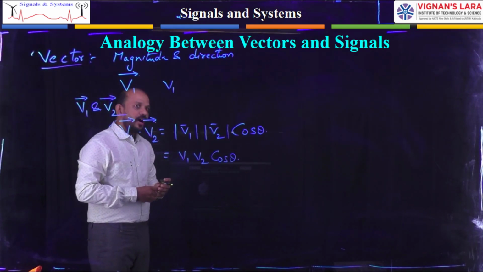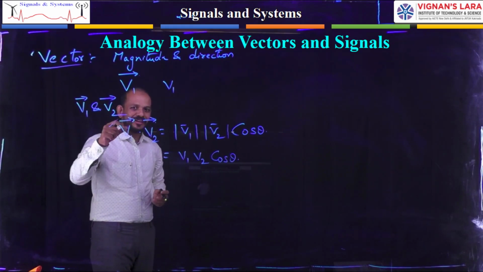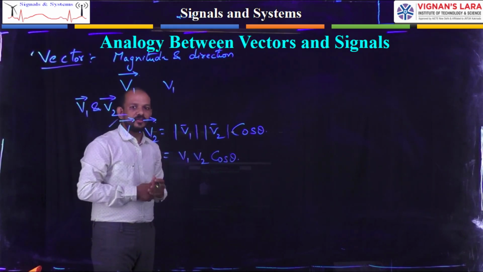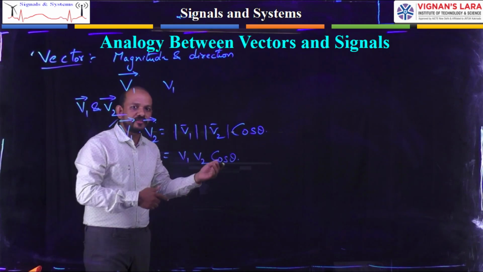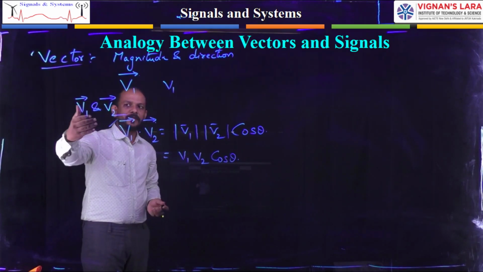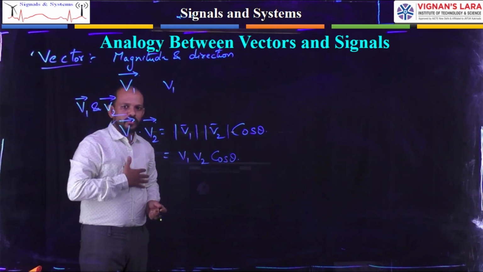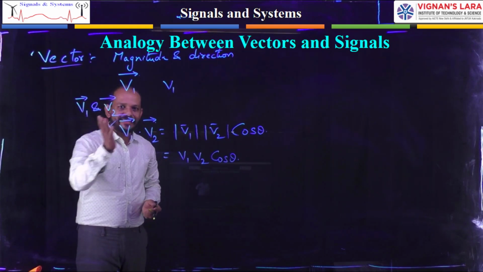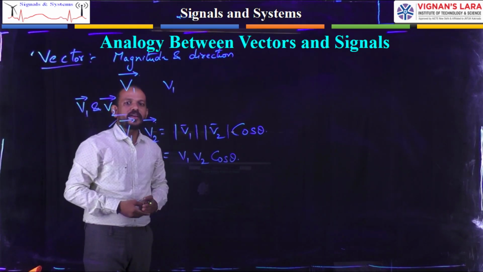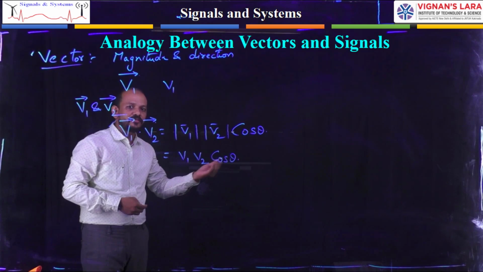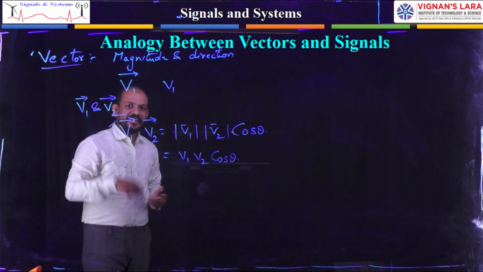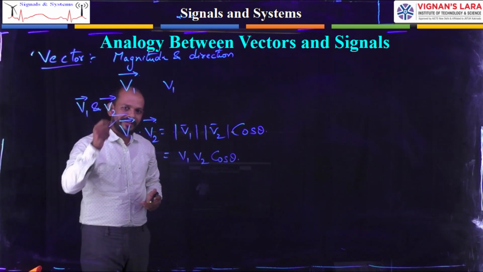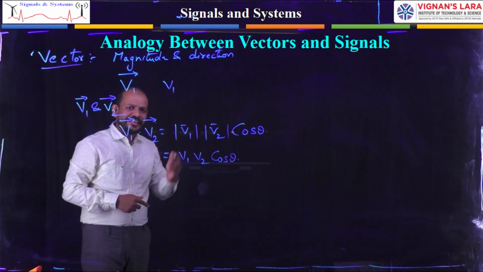Now I want to represent one vector in terms of another vector. Let us take V1 and V2 as an example. How can I express V1 in terms of V2? We can express V1 in terms of V2 in infinite ways.